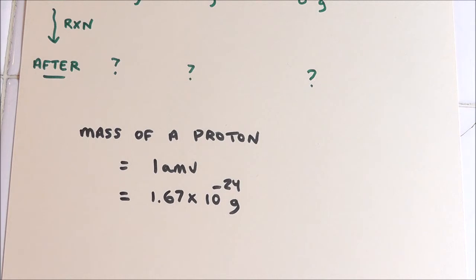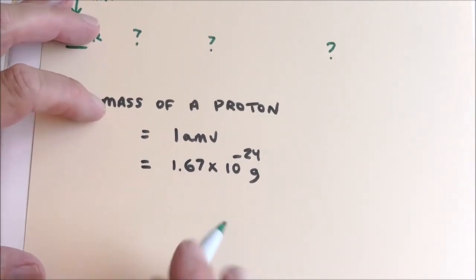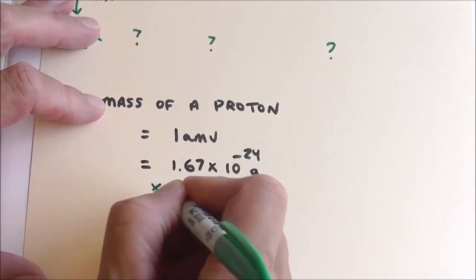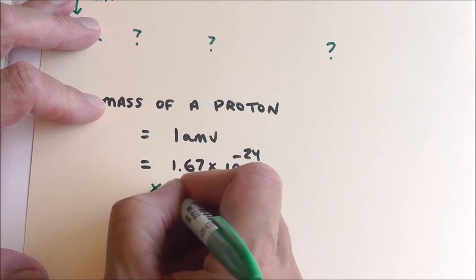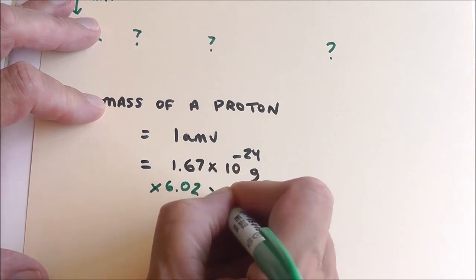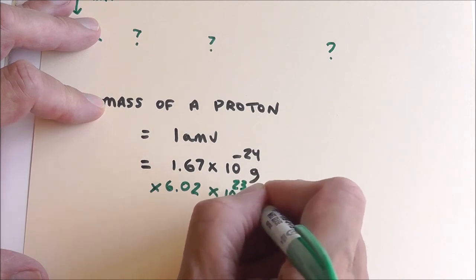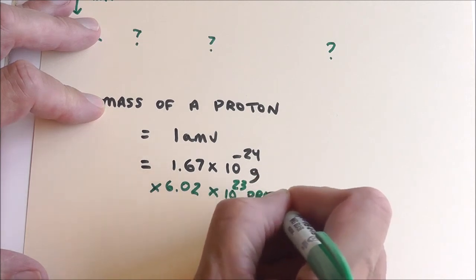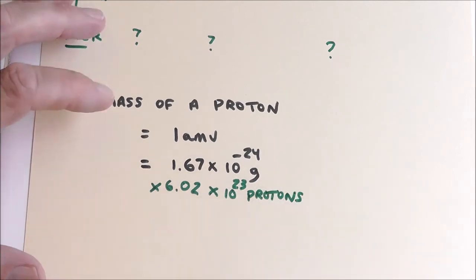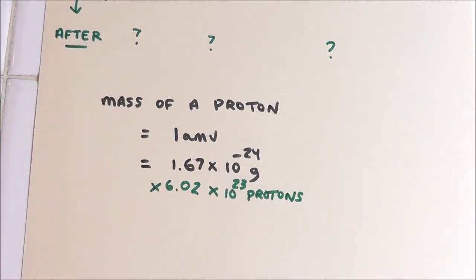So we have a new unit called a mole, and I want to show you where the number comes from. I don't know where mole came from. I think it's a truncation of molecule or something like that. But if I were to multiply this by the number of particles that is in a mole, that's called Avogadro's number, 6.02 times 10 to the 23.